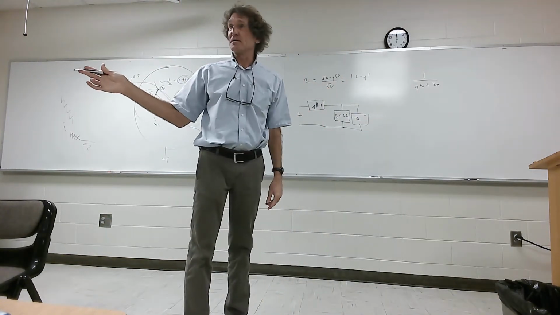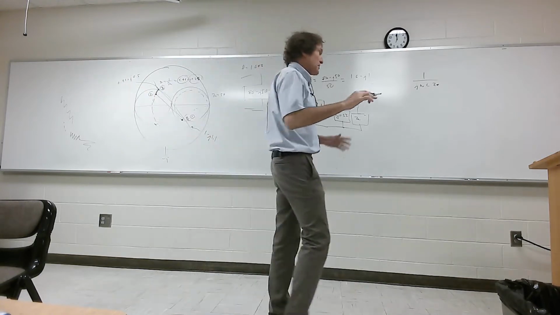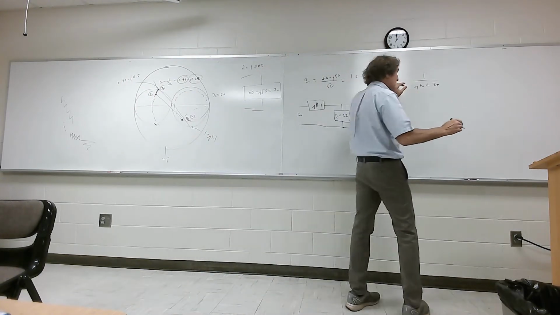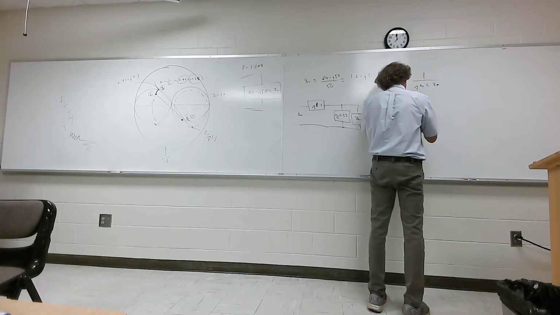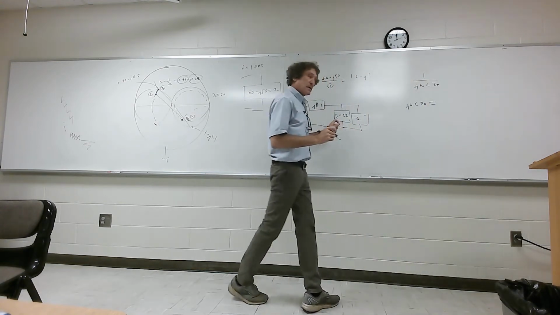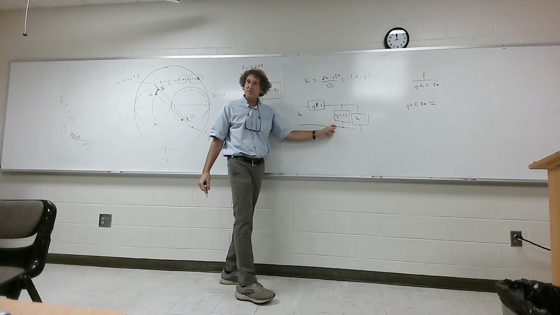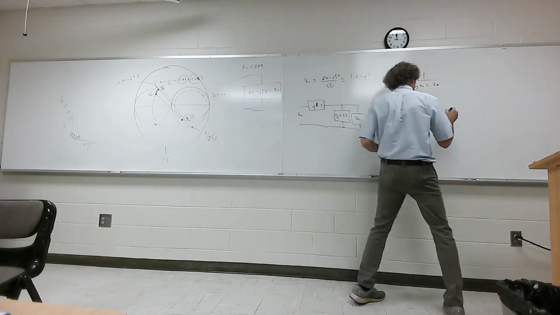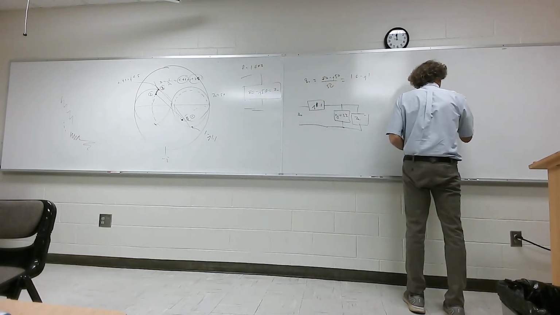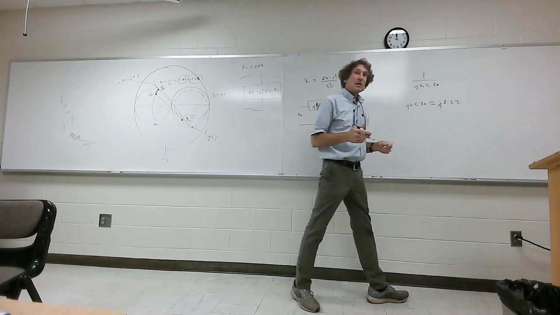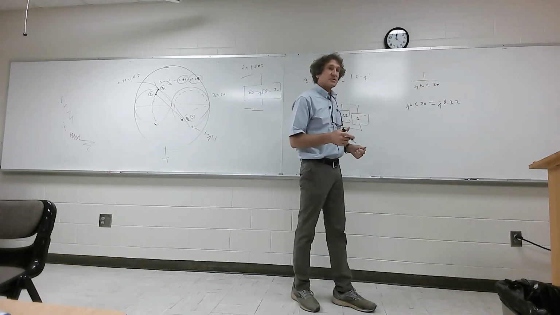The reasoning is critical. Alright, so you'll never get lost if you follow the thought process here. So this is going to be J omega C times Z naught has to be equal to this parallel value, which is J 0.22. And now, we have the characteristic impedance.